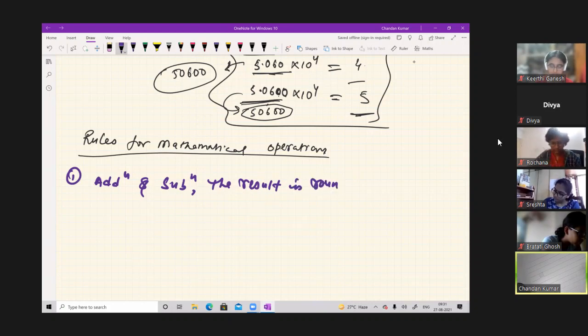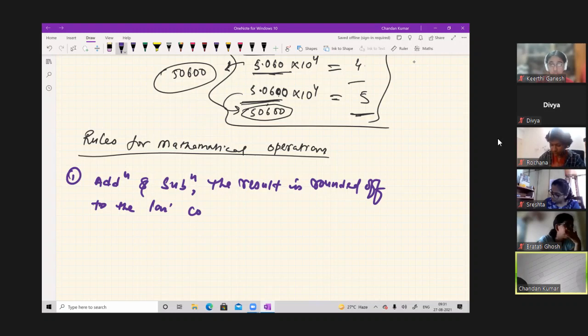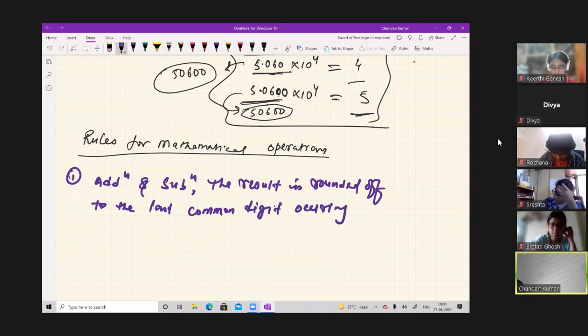Addition or subtraction, the result is rounded off to the last common digit occurring furthest to the right in all components.